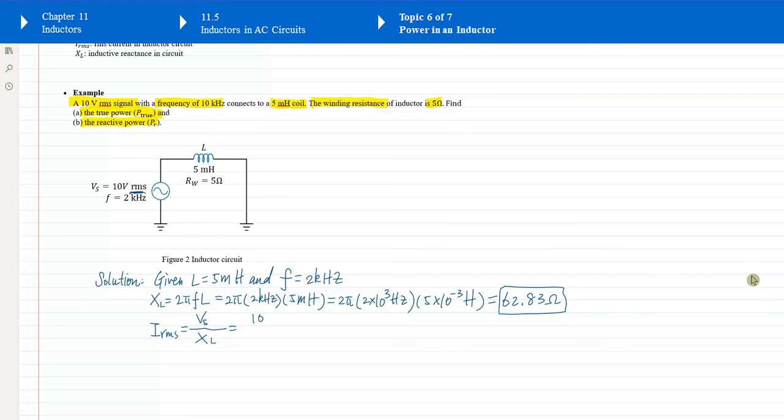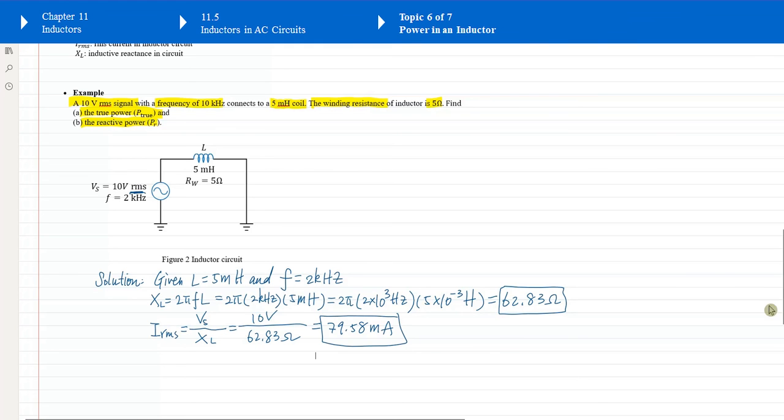So this is 10 volt divided by 62.83 ohm. Use calculator. I got 79.58 milliampere. This is the root mean square current that passed through this inductor.